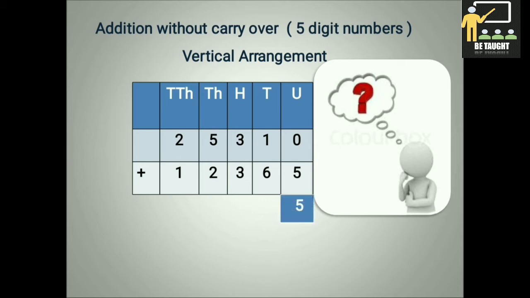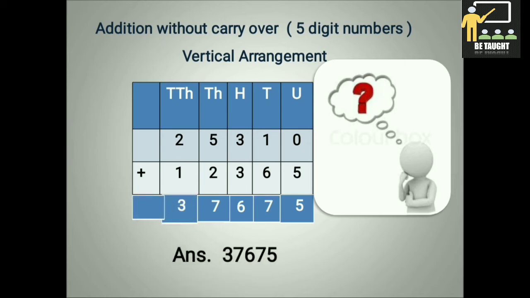Tens place, 1 plus 6 is equal to 7. Hundreds place, 3 plus 3 is equal to 6. Thousands place, 5 plus 2 is equal to 7. And one more column we have because it is a 5-digit number, 10,000s. So 2 plus 1 is equal to 3. So our final answer is 37,675.